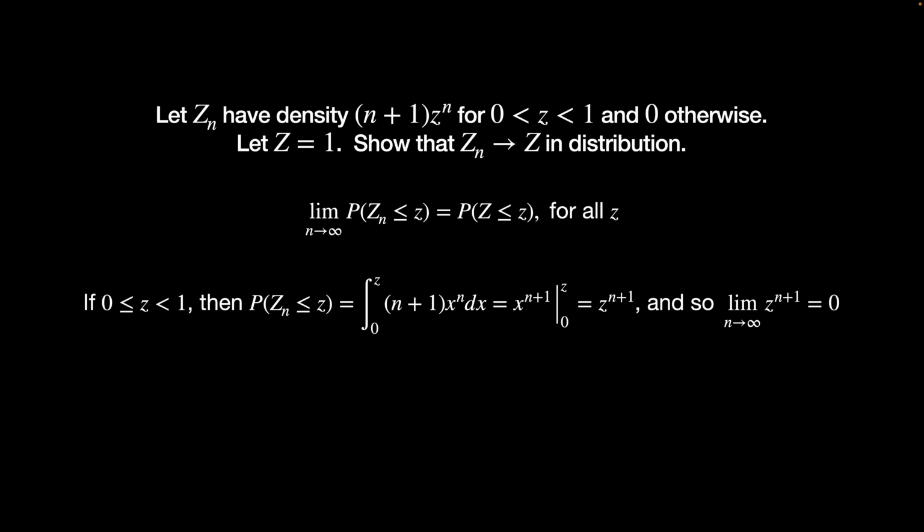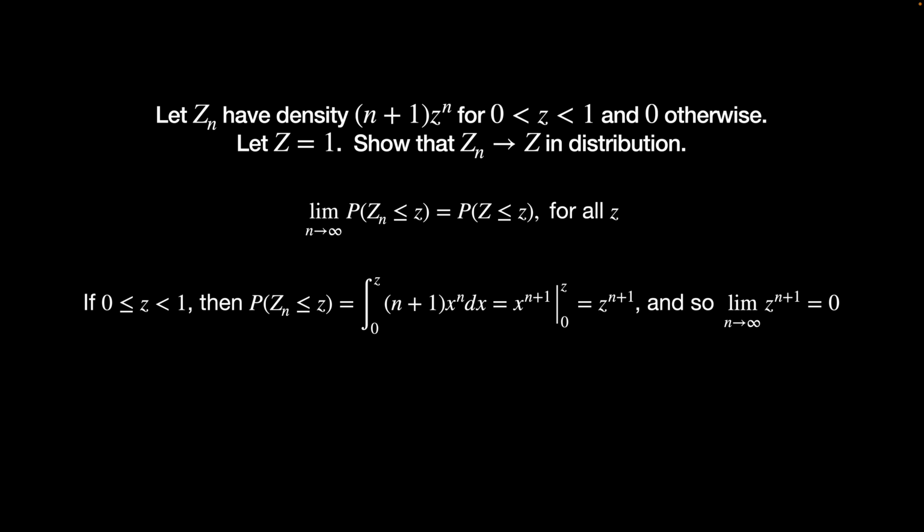And then we just have x to the power of n plus 1, which comes from basic integral properties. And we'll notice that since z is a fraction, the limit of our CDF when z is greater than or equal to 0 and less than 1, as n approaches infinity, is 0. And you'll see that on the right-hand side here.